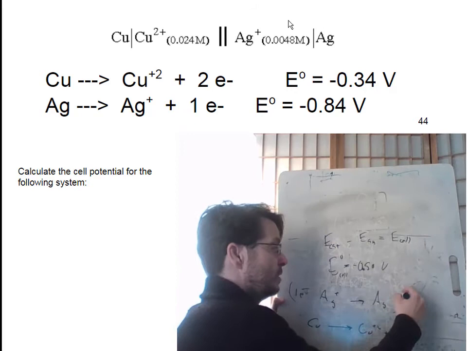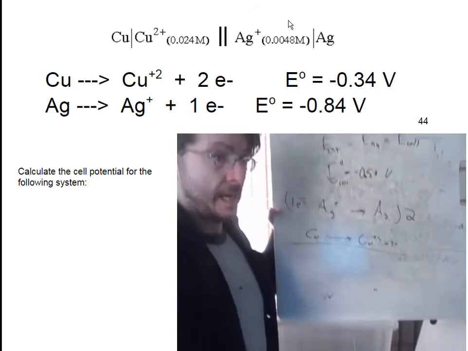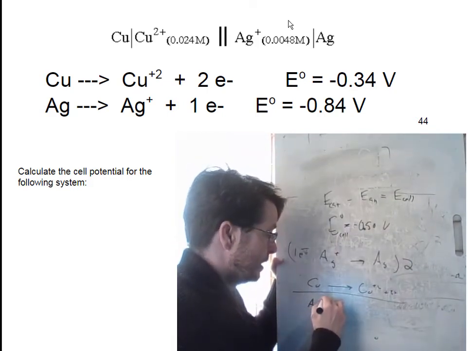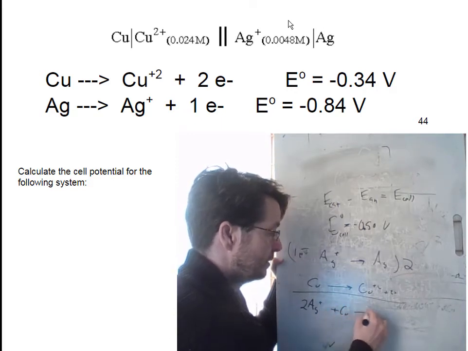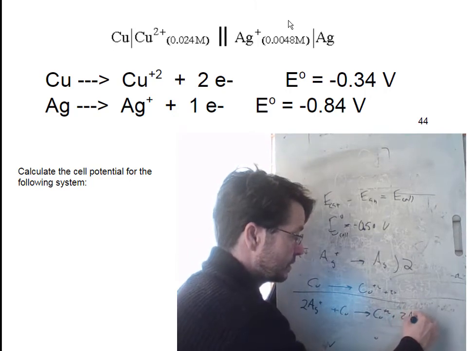It requires 2 of these. And so our balanced chemical reaction will be Ag plus times 2 plus copper solid going to copper plus 2 plus 2 silver solids.